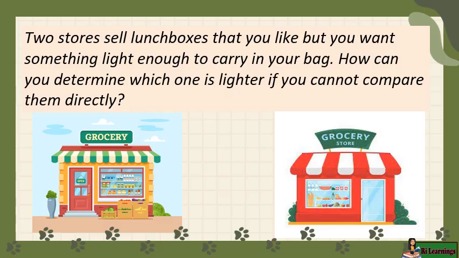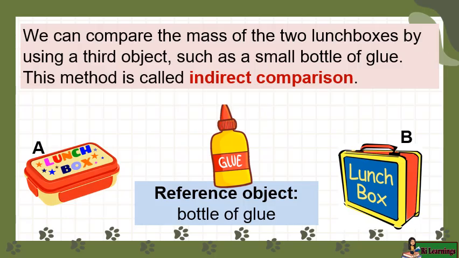How can you determine which one is lighter if you cannot compare them directly? We can compare the mass of the two lunchboxes by using a third object, such as a small bottle of glue. This method is called indirect comparison.